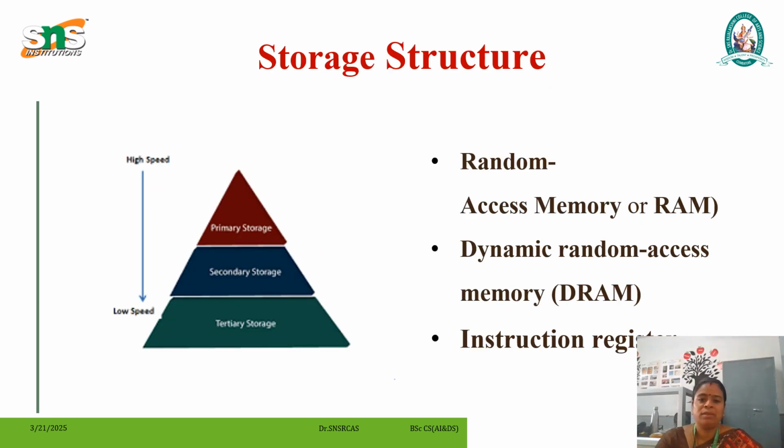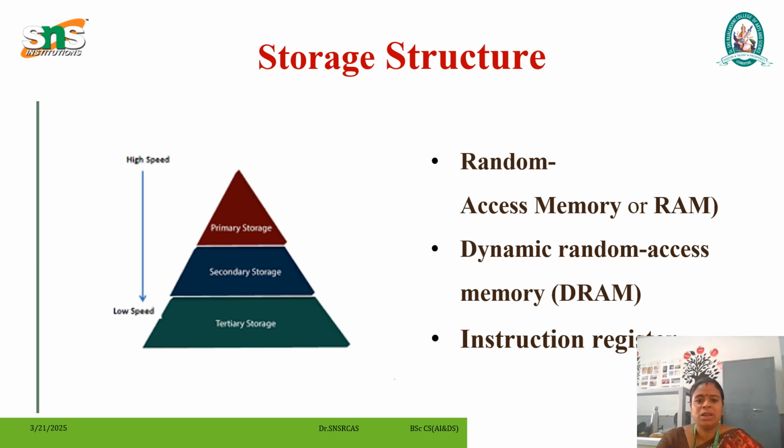Next one, storage structure. A computer program must be in main memory, also called random access memory or RAM, to be executed. Main memory is the only large storage area, of millions of bytes, that the processor can access directly. Dynamic random access memory is implemented in semiconductor technology, which forms an array of memory words.